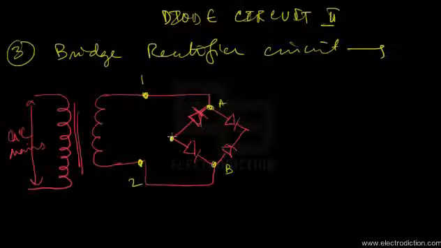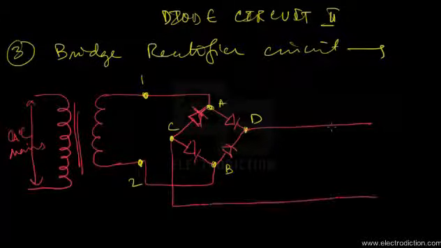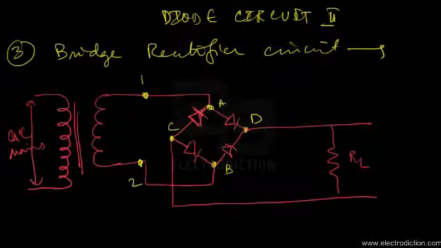The other two terminals that we have here, C and D, are where we obtain our output. Here goes terminal D, and here terminal C, and across these two we have our load resistance connected, across which we shall obtain our output voltage.